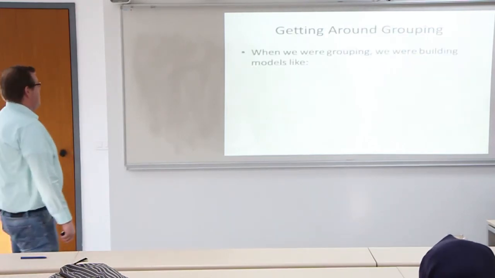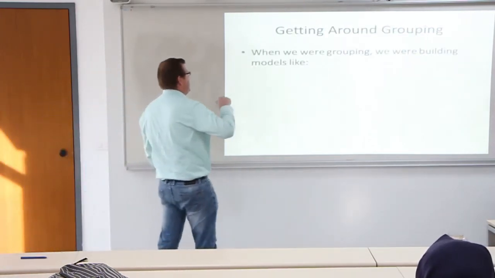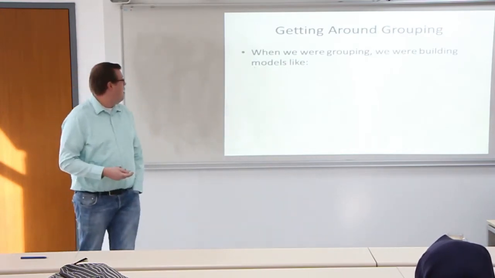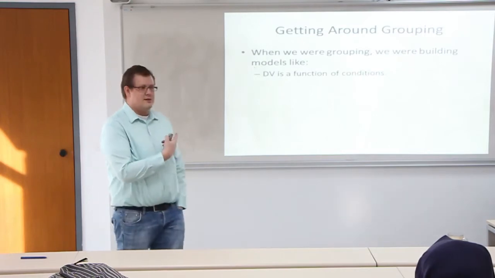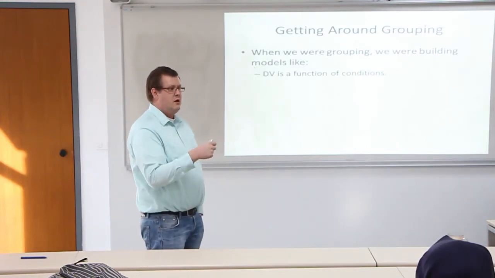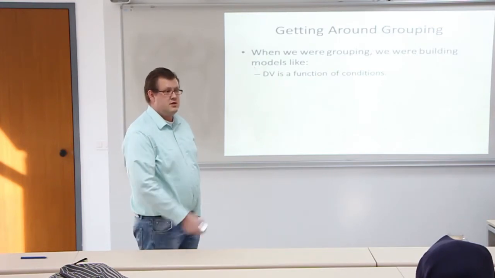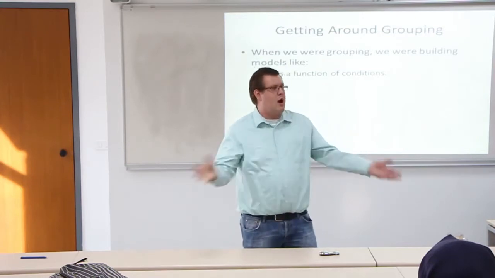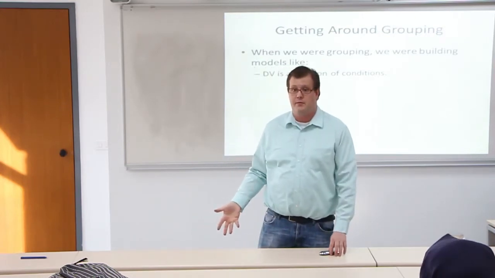Okay, so let's see what we can do to get around grouping. So when we were doing our ANOVAs, we were building models like this. Our dependent variable is a function of some conditions, or some independent variables and their interactions. And those things together describe all of the different conditions, right?